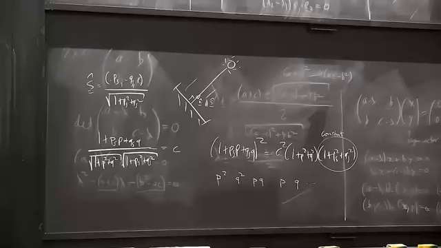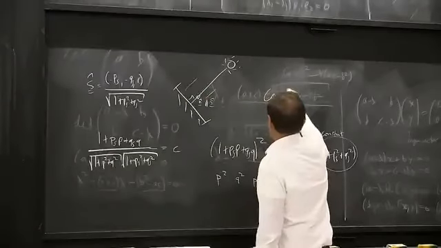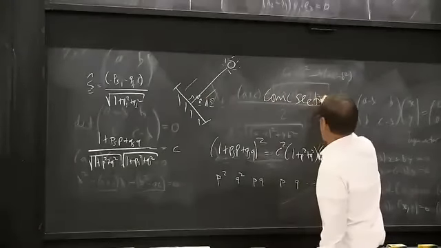It could be a parabola, yeah. Anything else? Ellipse, yes, okay, great. Generalize it a little bit more. It's a conic section. Okay, so yes, those are great examples. Overall, they're conic sections.